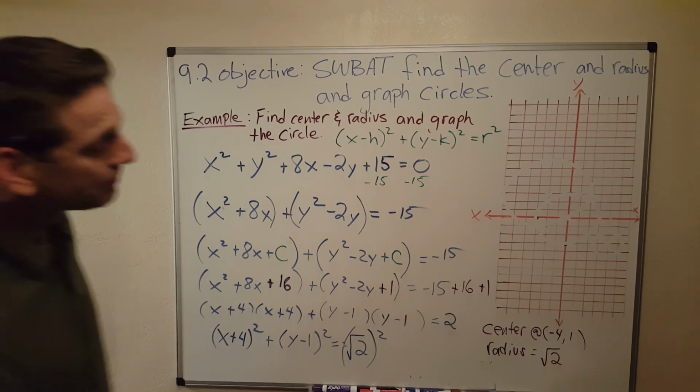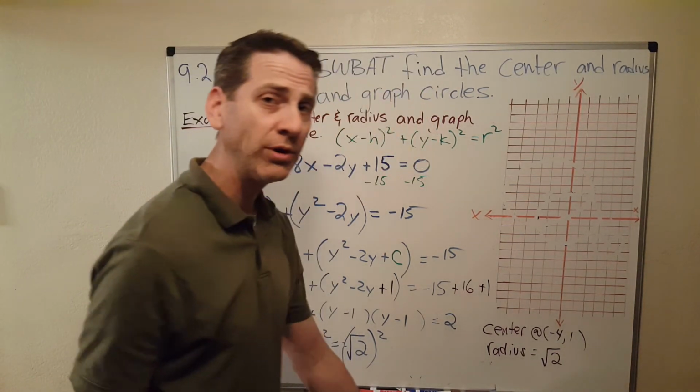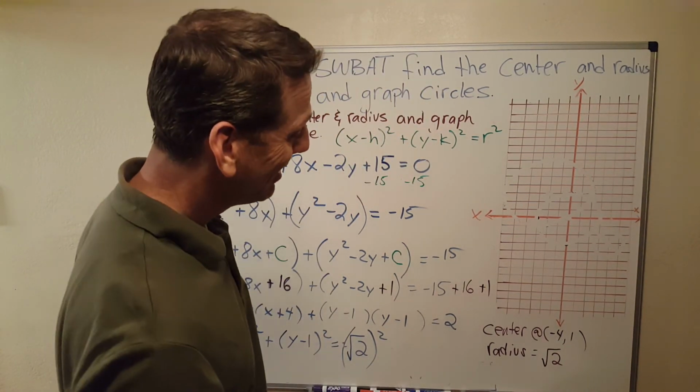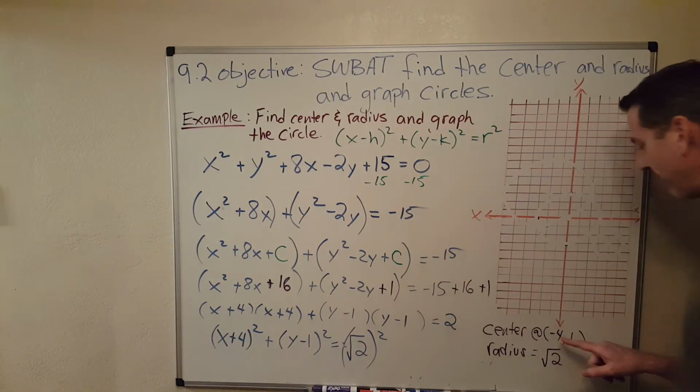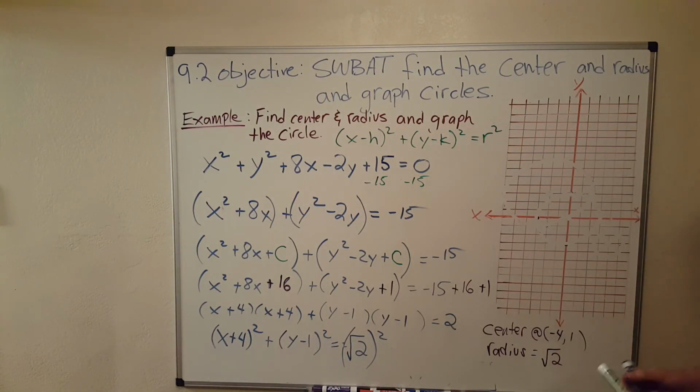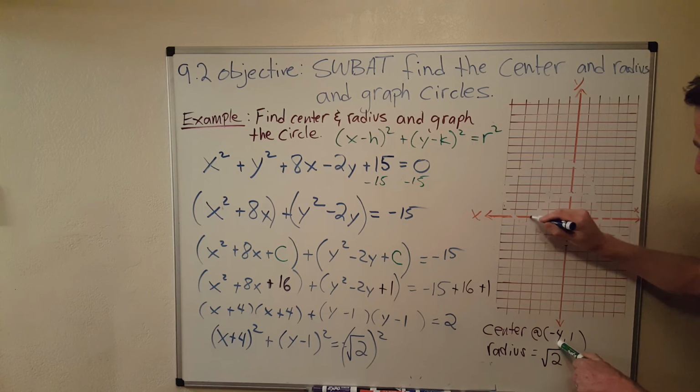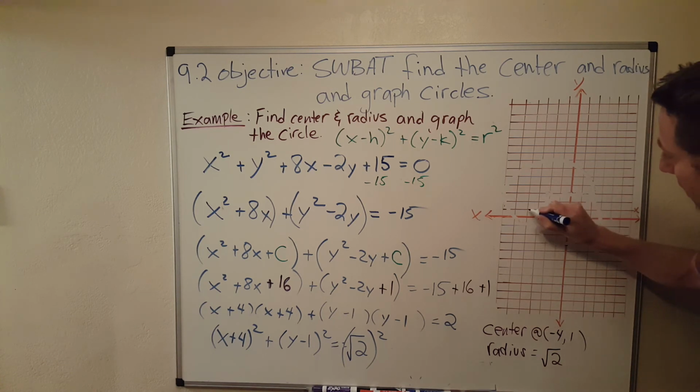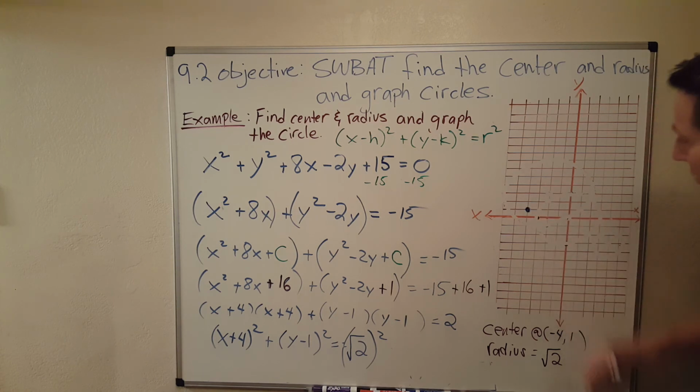All right. So let's go ahead and see if we can graph this thing. All right, so my center is at negative 4 and 1. So let's see, I start at my origin, and I go negative 4, left, 1, 2, 3, 4, and I go up 1. All right, there's my center.